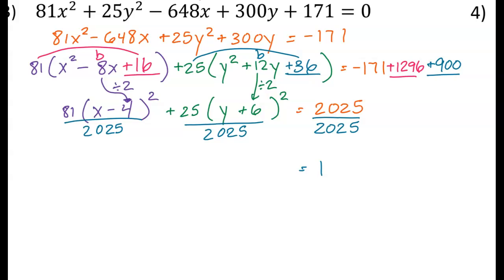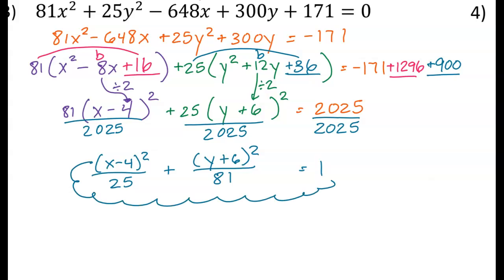So what 81 over 2025 simplifies to is x minus 4 squared over 25 plus y plus 6 squared over 81. And you're done.